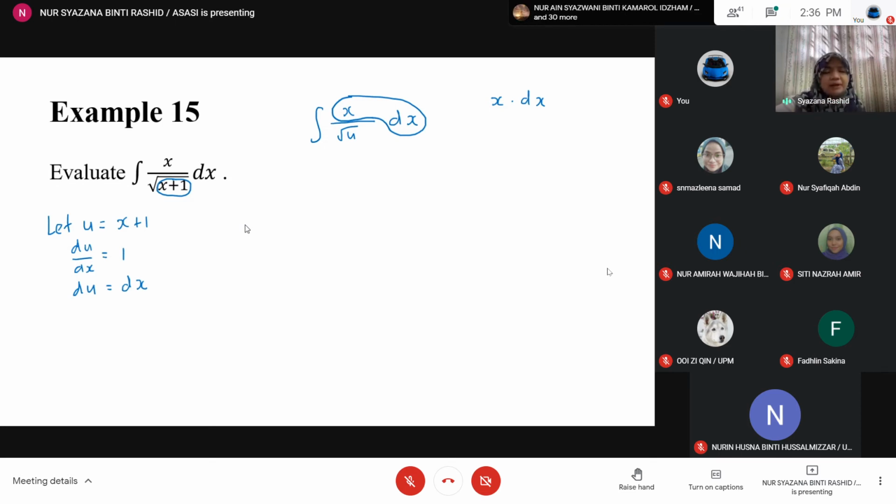You already have your dx, but how about x? This will happen basically when you have linear, quadratic or cubic, basically polynomial. Usually with polynomial substitution, this case might happen. So what can we do with this x?